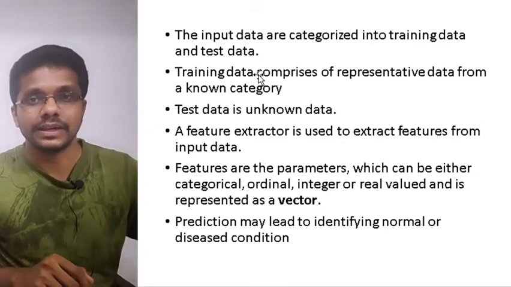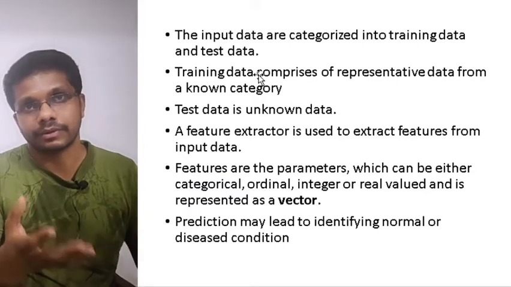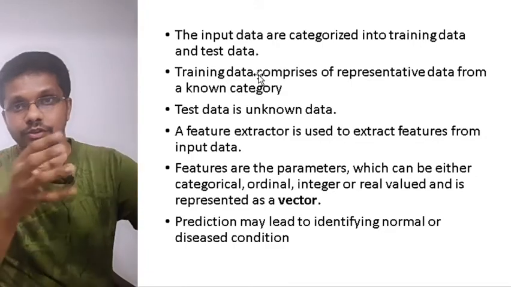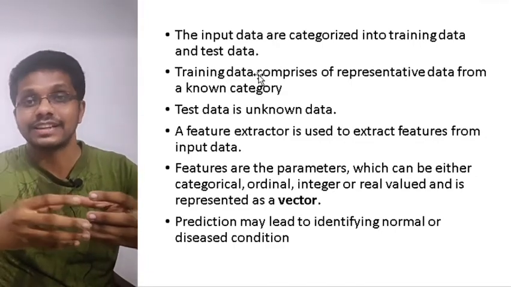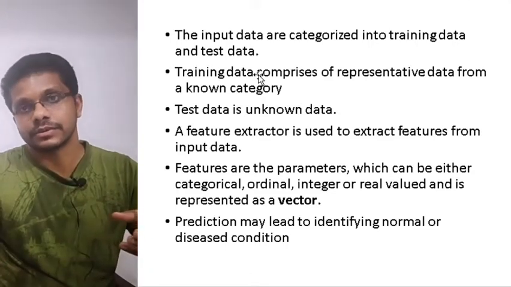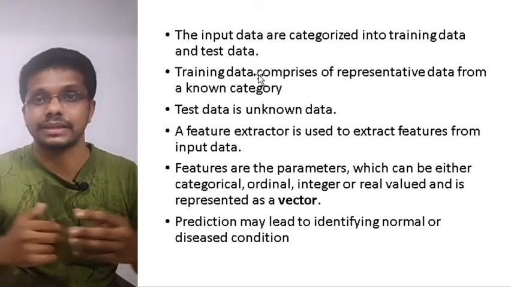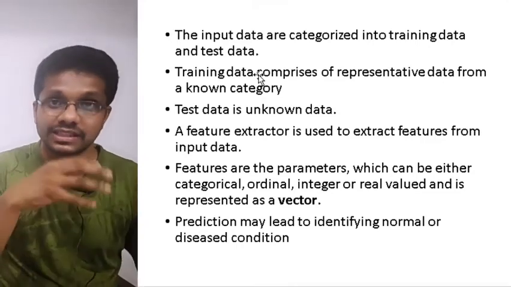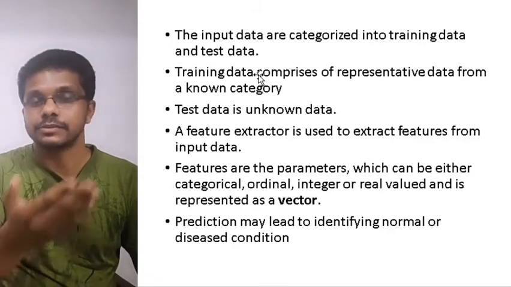Some of them will be normal, some of them will be affected, and if we get a novel DNA sequence from a patient or a suspect, and it belongs to one of these groups, and that group is associated with a disease condition, it is possible that our test sample, or the person from whom we got the sample, is also affected, or there is a chance of getting affected by that disease condition. So that's how classification works. First we classify all the sequences, and then we look at the test sequence and see which category it belongs to.